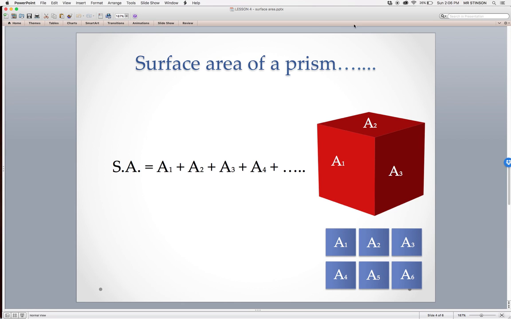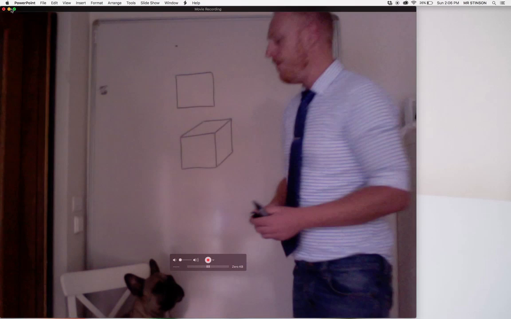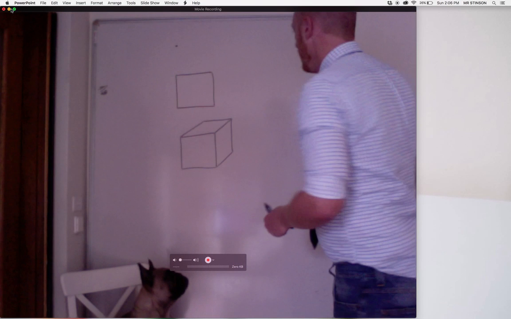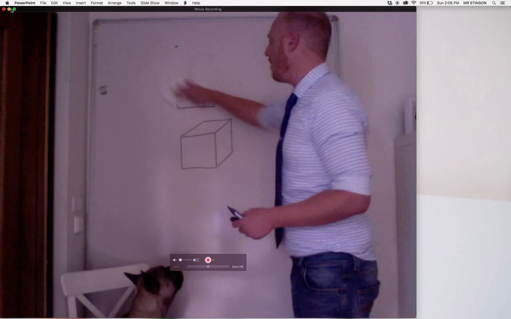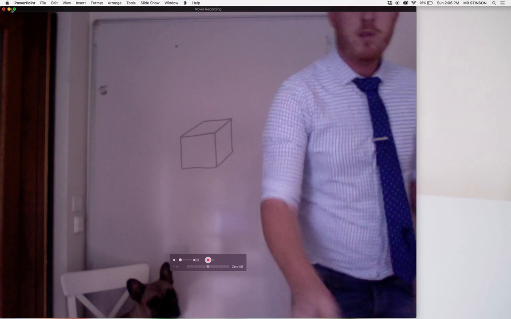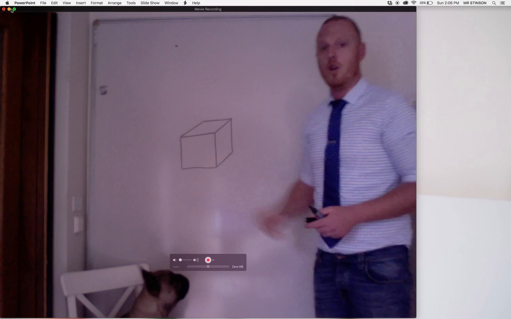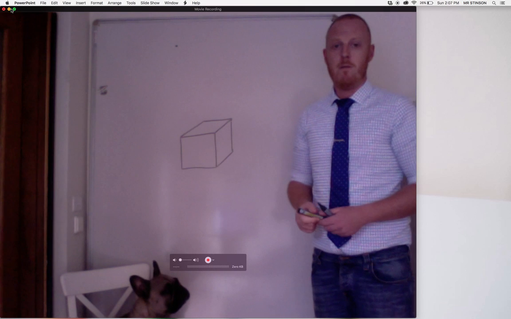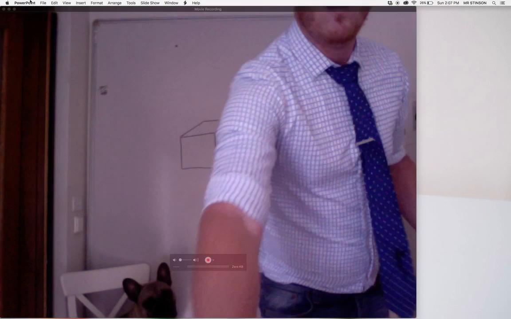So, let's do an example on the board of the surface area for a cube. I'll wipe away our top shape up here because we're no longer dealing with two-dimensional shapes. We're looking at things like cubes with 3 dimensions. So, our first step.